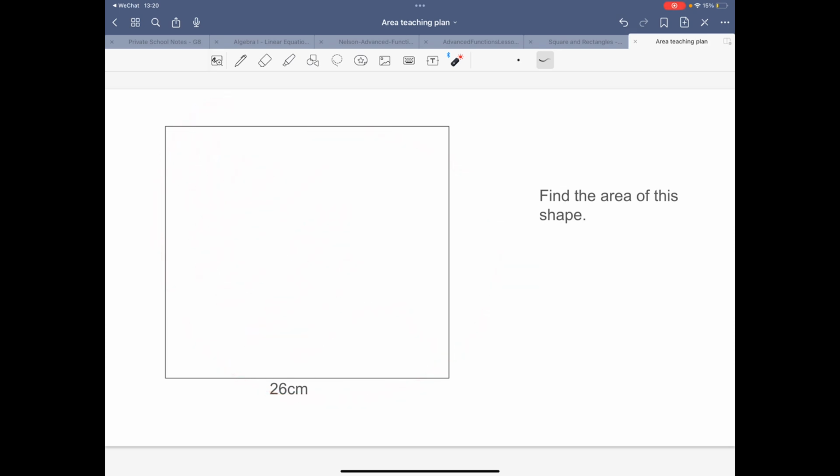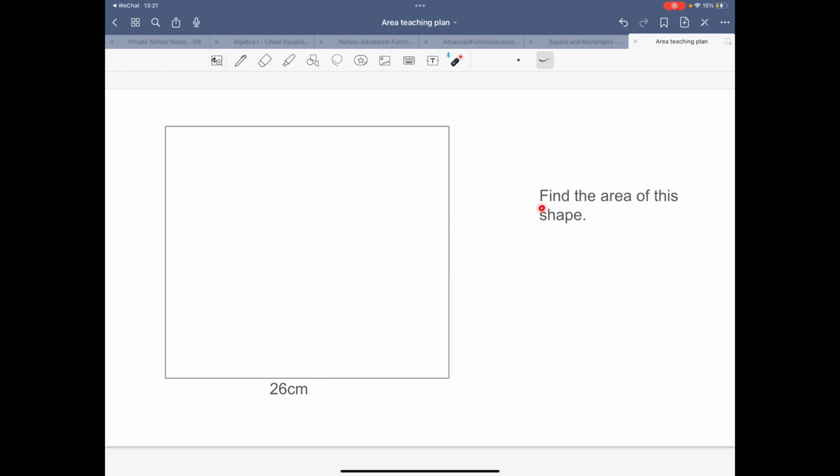So now, of course, I'm gonna give you a few seconds to do this question. And so I'll just give you a few more hints. The side length is 26 centimeters. This is the length, this is the width.